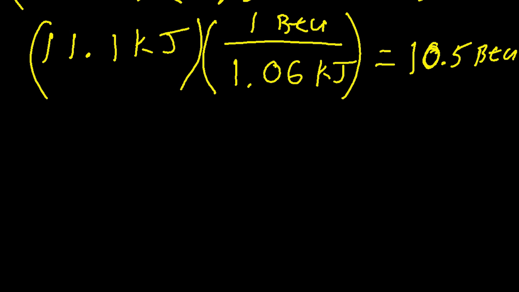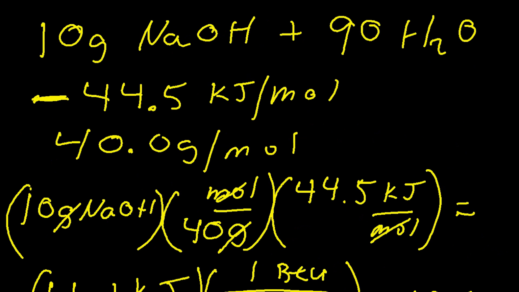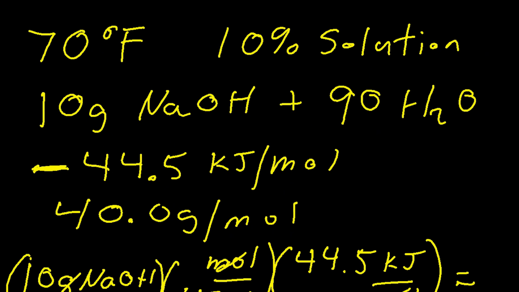So we're in pretty good shape now. And we know what a BTU is, right? 1 BTU is equal to 1 pound of water, 1 degree Fahrenheit. Now, we don't know how many pounds of water we have right now, because that wasn't in our problem. But we do know that we were going to start our solution with 90 grams of H2O. And so I'm going to add that in there. And then we're going to mix in 10 grams of sodium hydroxide. So when we're done, we have 100 grams of solution.